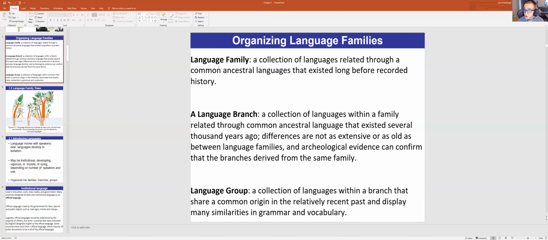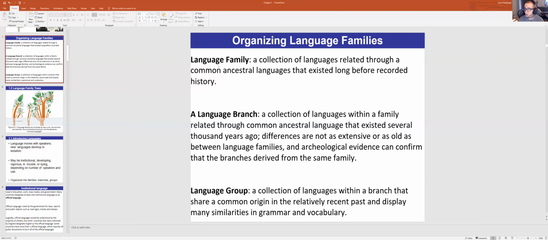It's a collection of languages within a family related through, again, a common ancestral language that existed several thousand years ago. But the differences within that same language family, the branches, are not as big or as old as between language families. So again, there's less variation within the same language family, right?